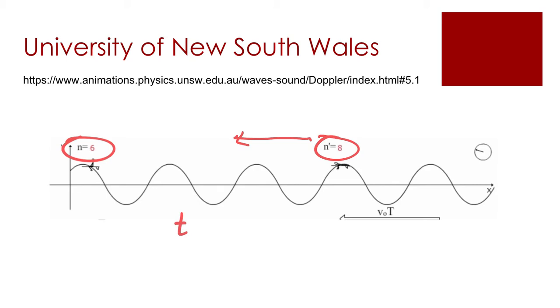Now you can see that the first one went up and down 6 times, where the second one, as they're swimming towards the first, is going to experience more waves as they move through them, trying to reach the other person. This is, in essence, the Doppler effect. When we have relative motion between the two of them, we are going to experience an increase, or sometimes a decrease, for example if it moved this way, in frequency due to that relative motion.